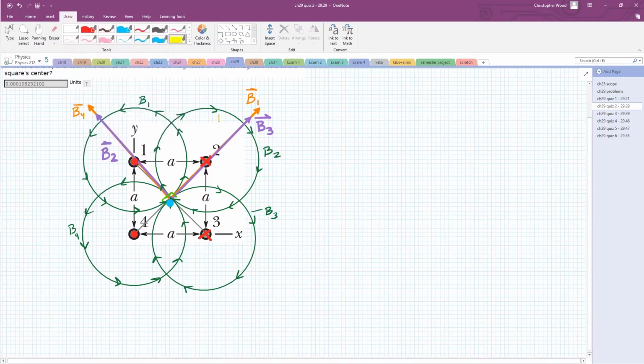I'm just going to do an inventory. B1 vector, yes. B1 field, okay. Does that make sense? B2 vector, okay. B2 field, okay. B3 vector, right here. B3 field, B4 vector here.